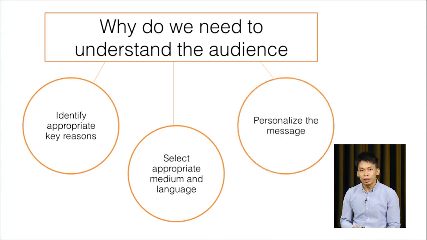The third reason relates to what we have learned in the earlier module, the idea of being personal. In order to personalize a message, we are required to first understand who we are trying to communicate with. Once we accomplish that, we will be able to select the most appropriate medium of communication, email, telephone, SMS, etc., and suitable language, whether formal, informal, or neutral.